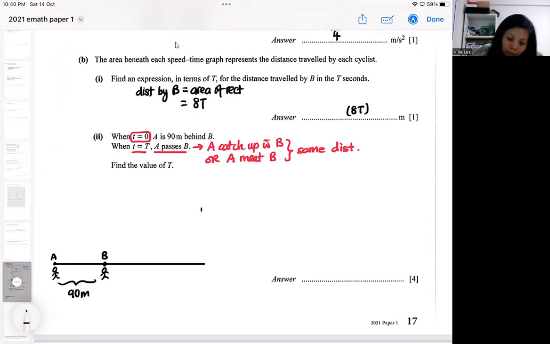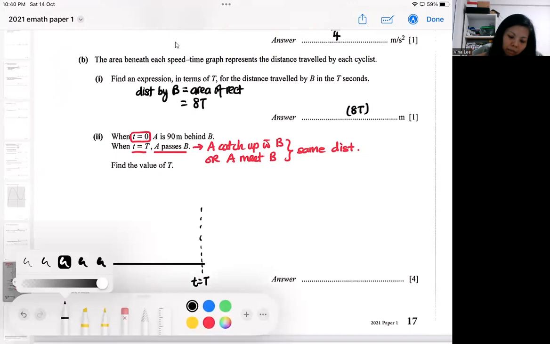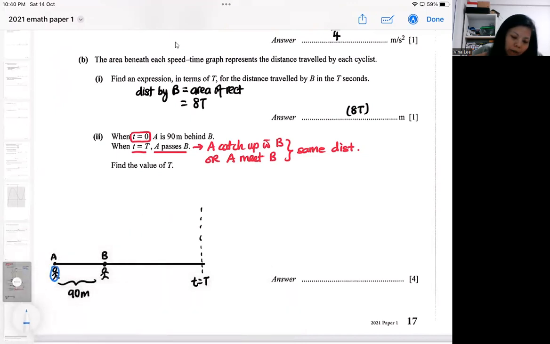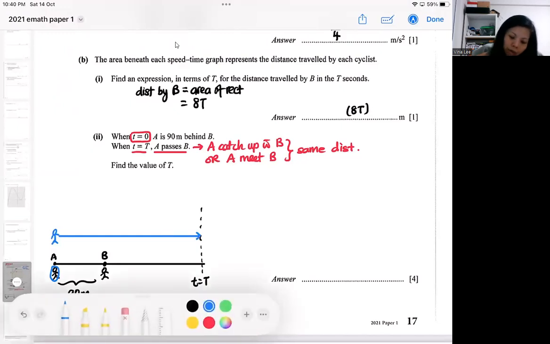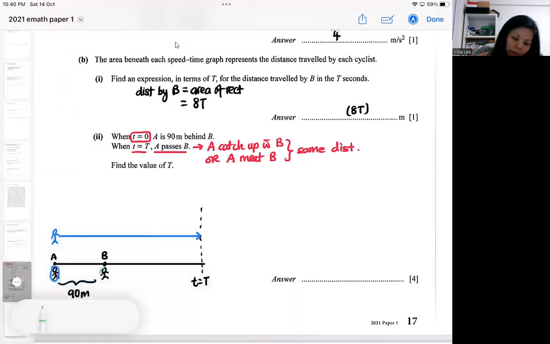Okay, so when it hits a certain time, the two of them actually meet up. A will have traveled all the way until here, and B would have traveled all the way until here, and eventually they meet each other.